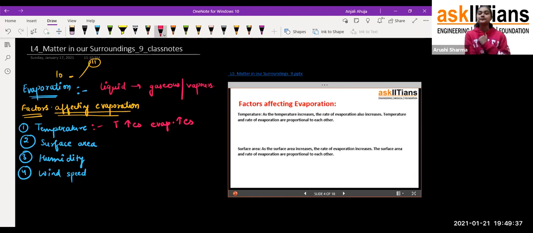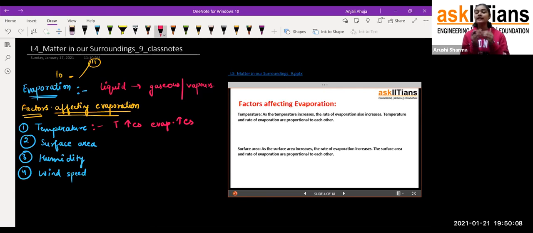Why? Let me take one example. We have one cup and one saucer. You are taking coffee in one cup, and the coffee is not going to cool easily, but when I take that coffee into the saucer, I find that the coffee cools much faster.